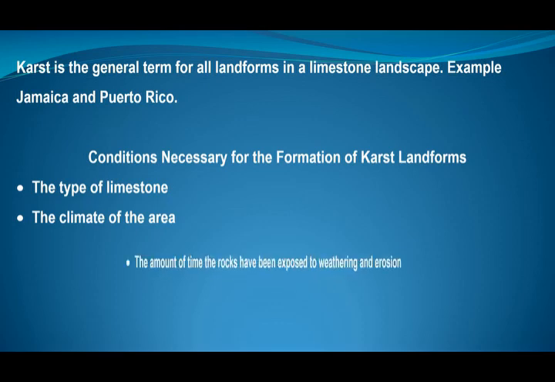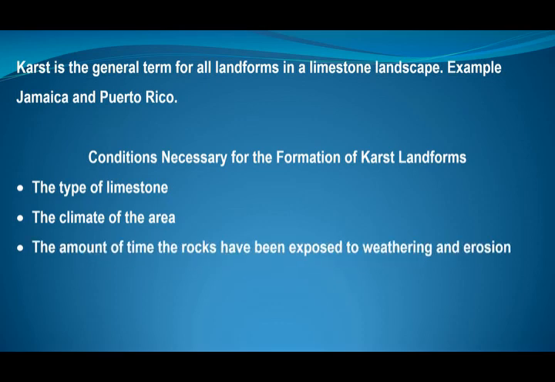The amount of time the rock has been exposed to weathering and erosion, so time is a good factor here. Other structural features such as faults and folds must be present in the area. These allow for the solution of rocks to create features as well.